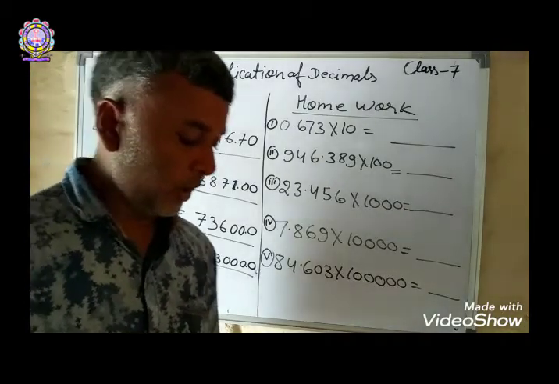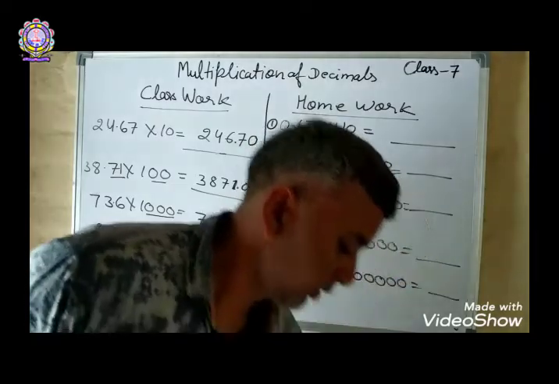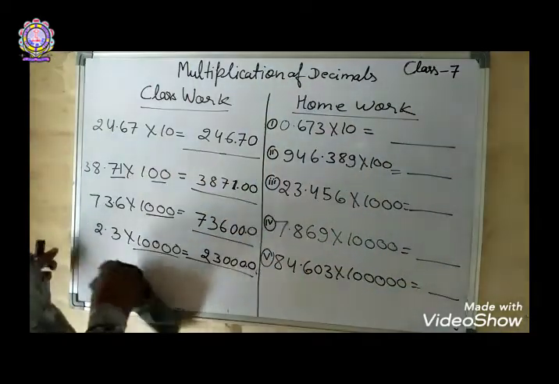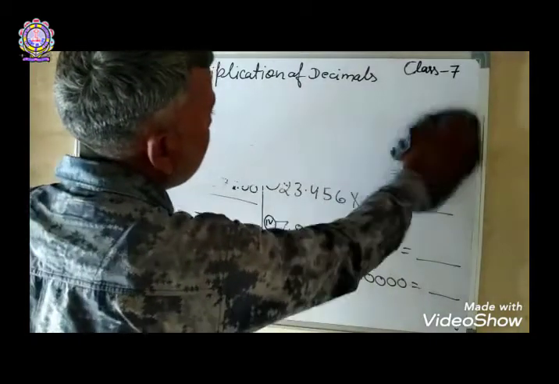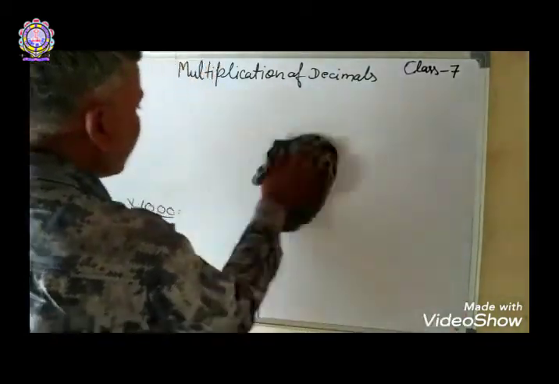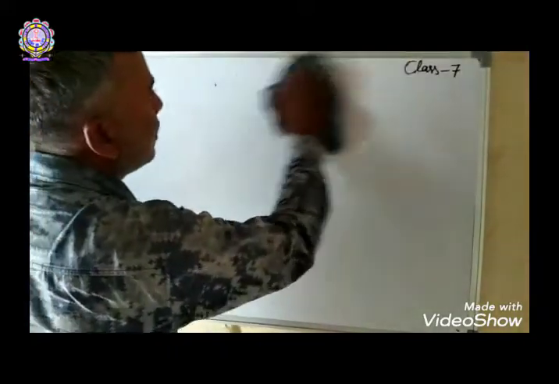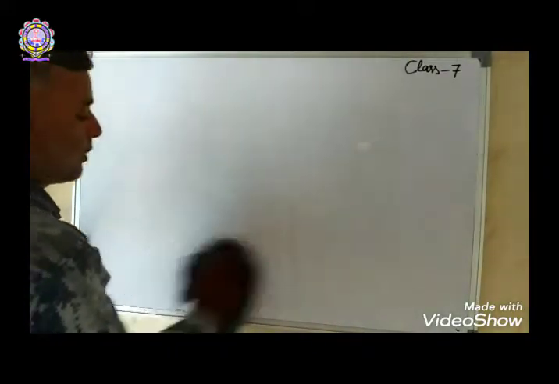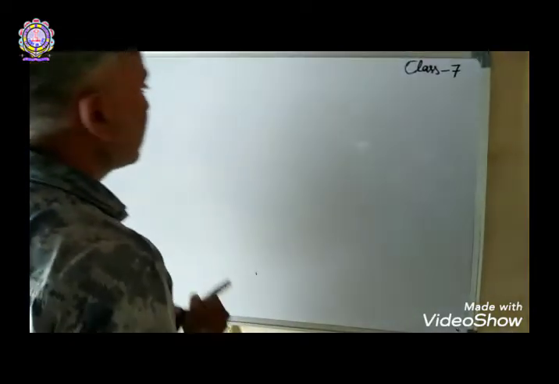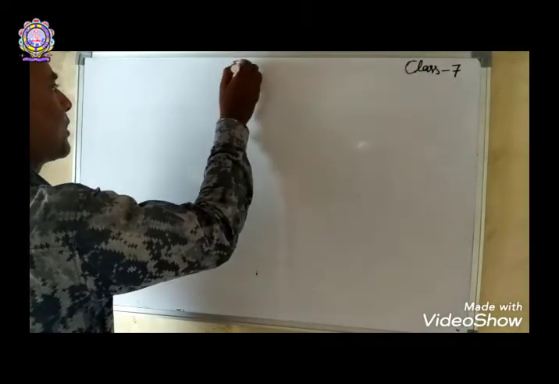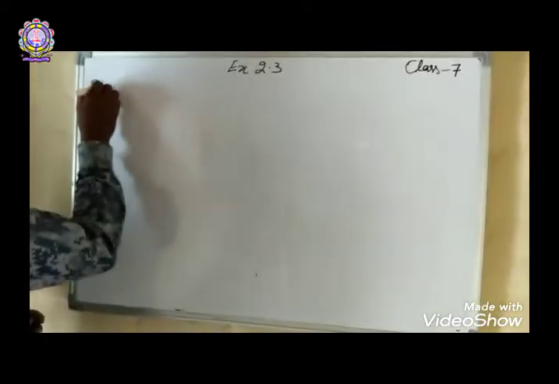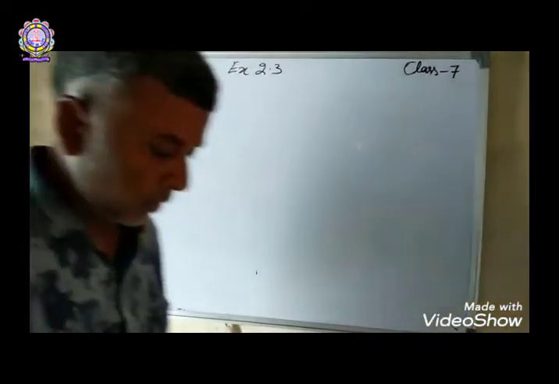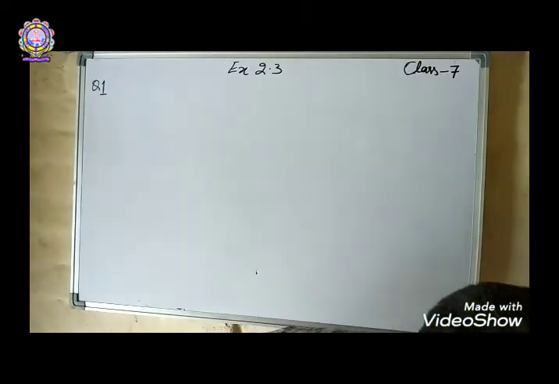Multiplication of decimal and whole numbers. And now check the exercise also. We solve the exercise and the rules. Exercise 2.3, question number 1. Find the product.